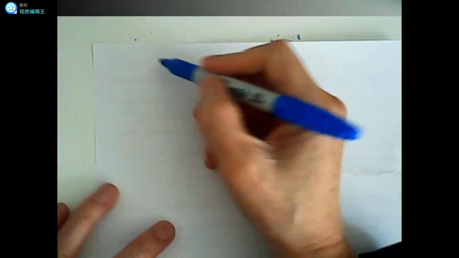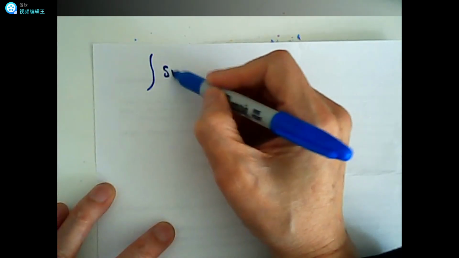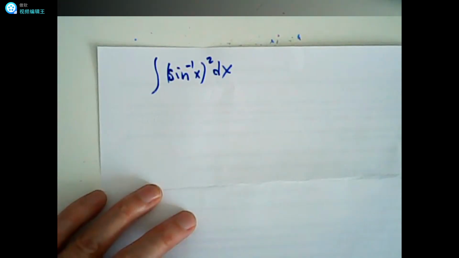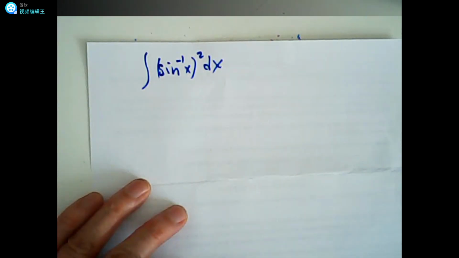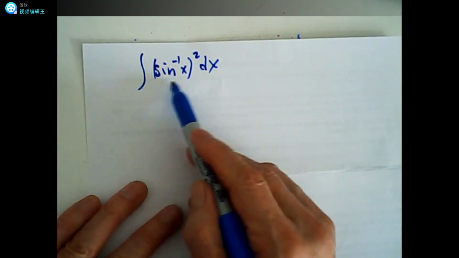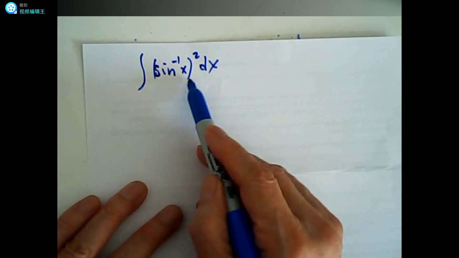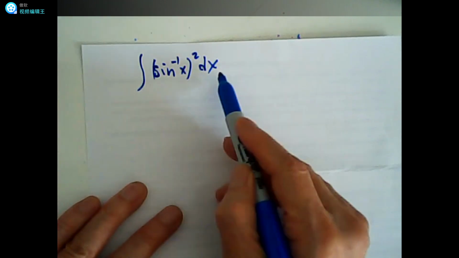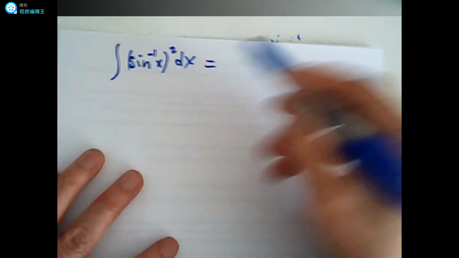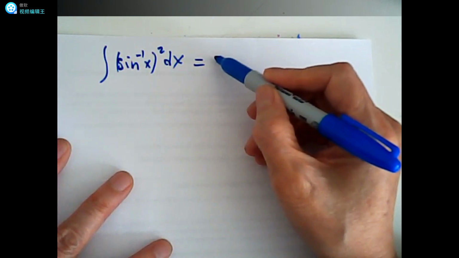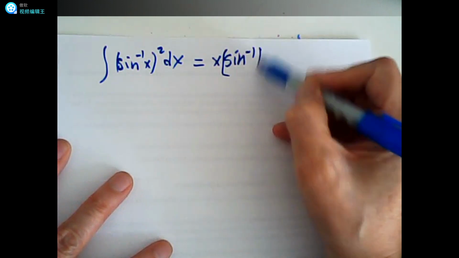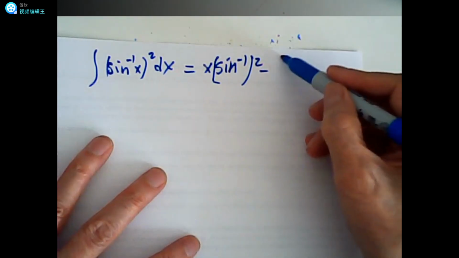The second method: the integral of arcsine x squared dx. Now, if I'm not using the substitution method in the beginning, I'm using by parts. So this is my u, this is my dv. U is arcsine squared, v is x. So this one is equal to uv minus the integral of v du.